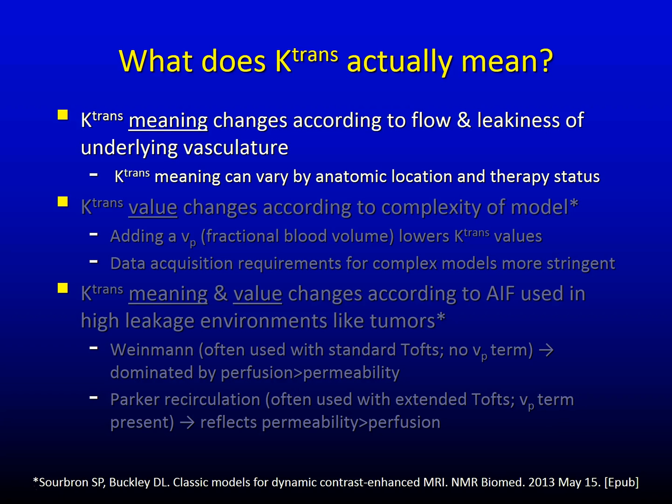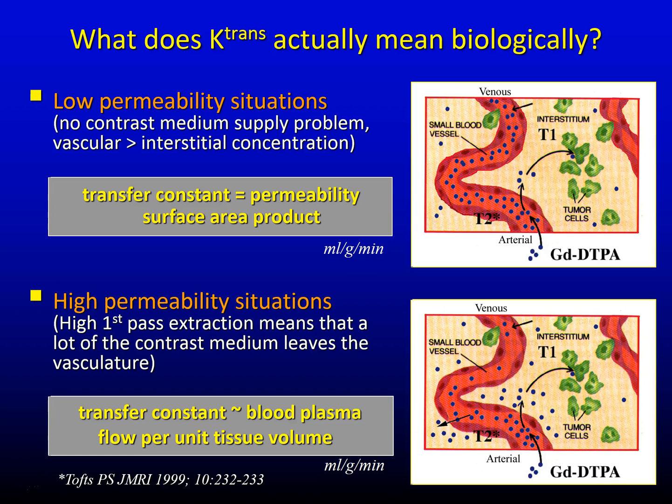When one looks at review articles, you notice that the Ktrans meaning changes according to the flow and the leakiness of the underlying vasculature in a particular tissue, which means that Ktrans can change by anatomical location and the therapy status of a particular tissue.